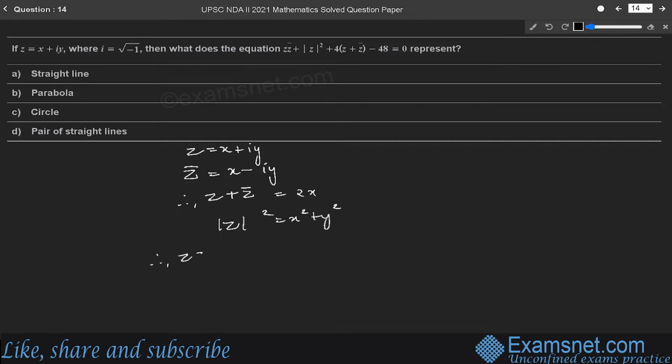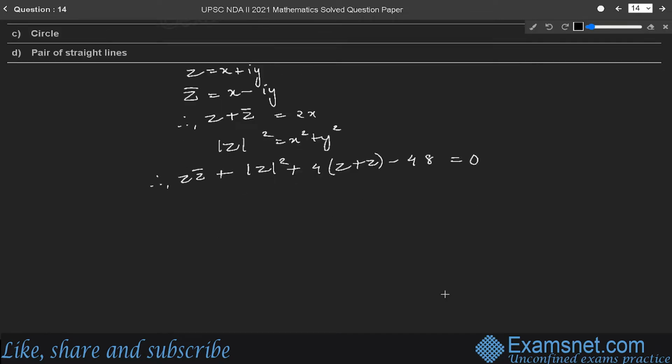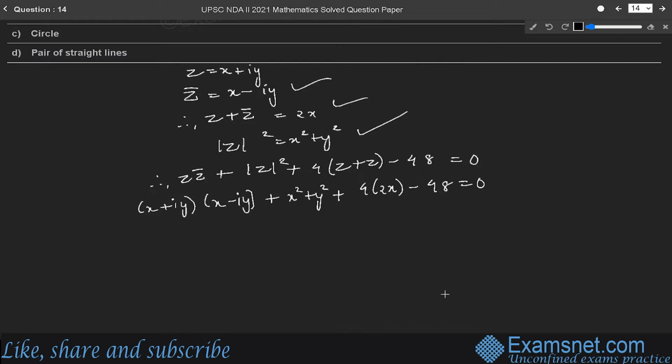Therefore, z into z bar plus modulus of z square plus 4 into z plus z bar minus 48 is equal to 0 will be, on putting the values, x plus iy into x minus iy plus x square plus y square plus 4 into 2x minus 48 is equal to 0. We have just put the values in the given equation.